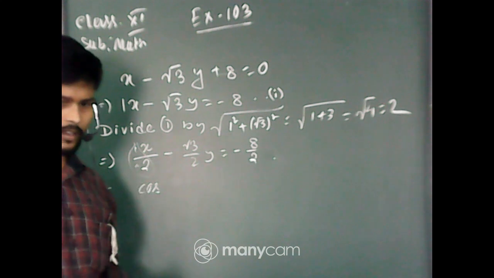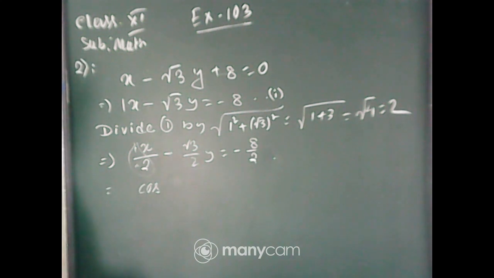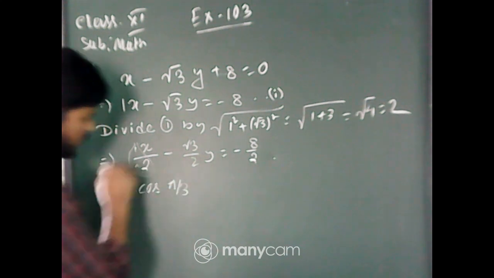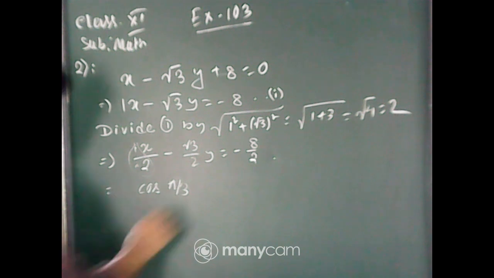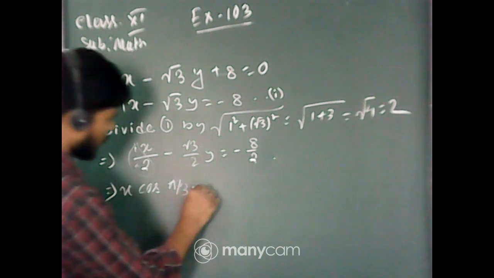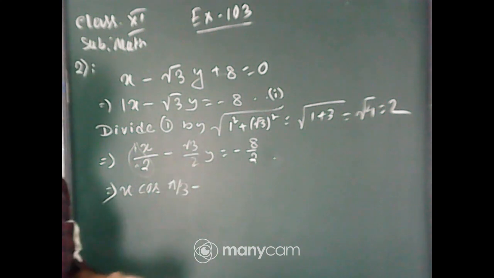60 degree means pi by 3. So cos pi by 3 into x cos alpha, minus root 3 by 2 is what value of sine? Obviously 60 degree.